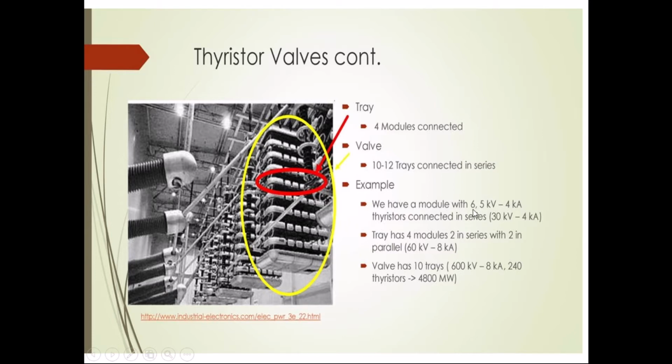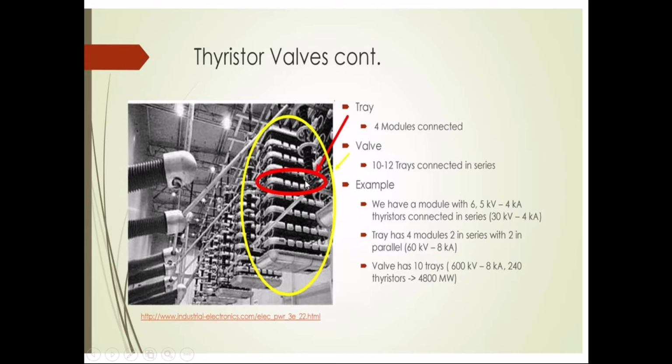Suppose the rating of each thyristor is 5 kV, 4 kilo ampere, and all the thyristors are connected in series. Again, I repeat: in one module there are 6 thyristors, each with rating 5 kV, 4 kilo ampere, and all are connected in series. So the rating of this one module is 30 kV, 4 kilo ampere.